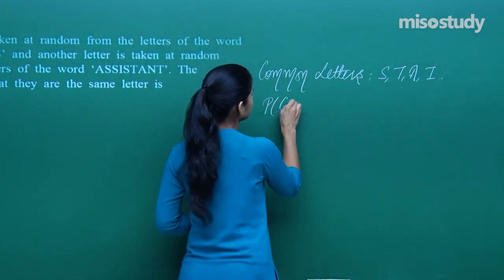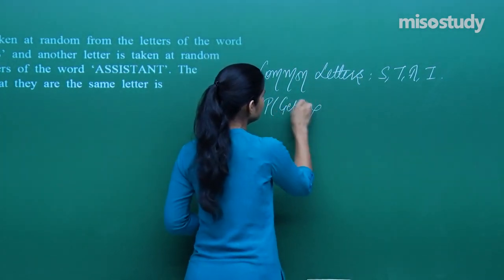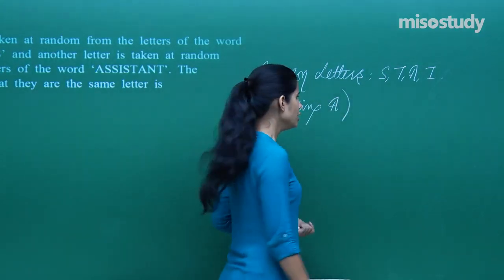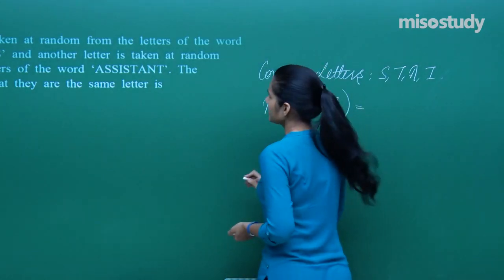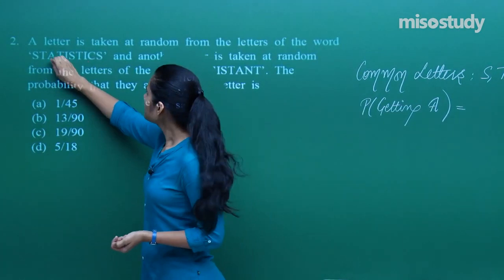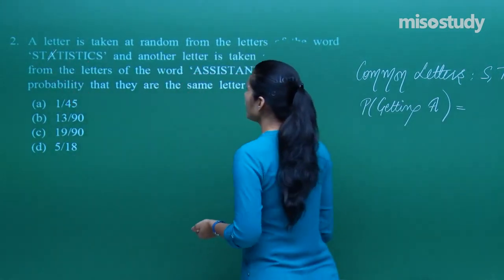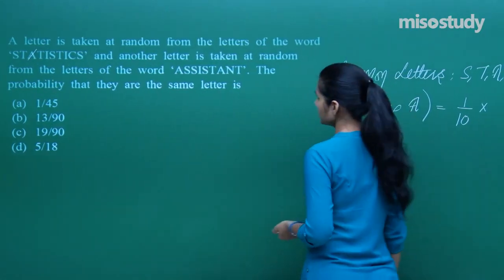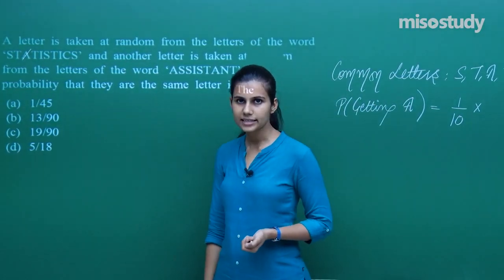Probability that you are getting the letter A in both the withdrawals. So in the first withdrawal, getting a letter A is from the letters of the word statistics. There are 10 letters in here. Getting A means 1. There is just one A, so 1 by 10 is the probability of getting A from the letters of the word statistics.